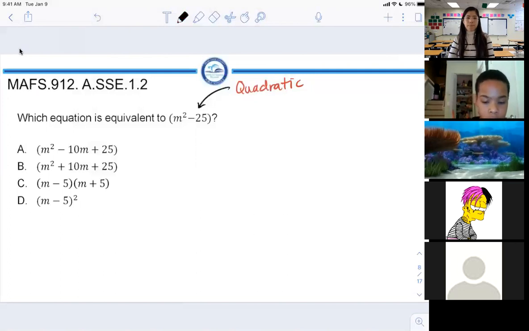I was thinking about C and D, but now that I think about it, I don't think it's those anymore. Well, what do C and D look like if you were talking about quadratics? They factor it. Yeah, it kind of looks like factored form, right? Do we agree? Okay. Well, if that's factored form, what can I do to those two factors to get it to maybe turn into this?